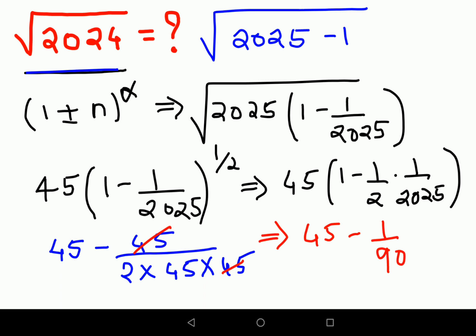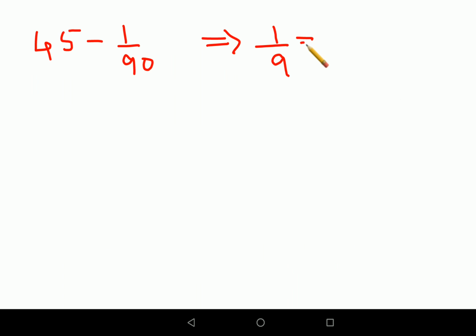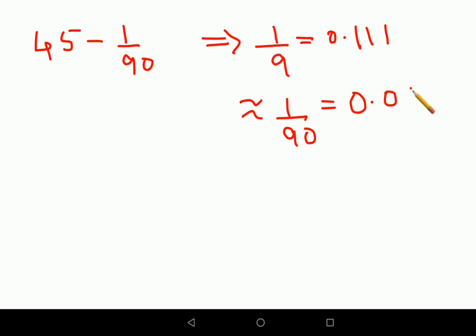Now this is where the tricky part comes. We are left with 45 minus 1 upon 90. Now remember, 1 upon 9 is nothing but 0.111, so obviously 1 upon 90 is nothing but 0.0111. So your final answer comes out to be 45 minus 0.0111 going on, where 111 is recurring.